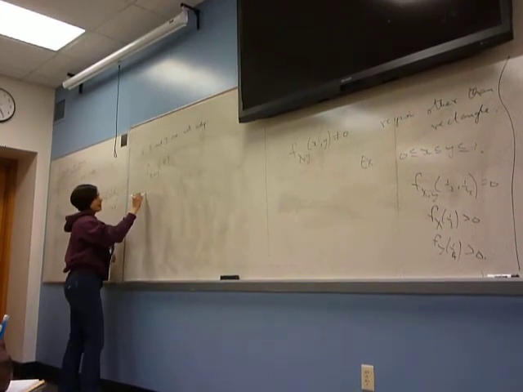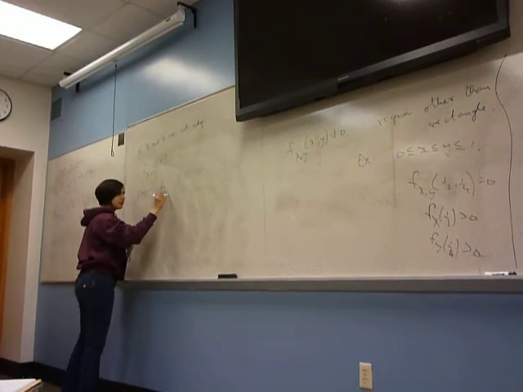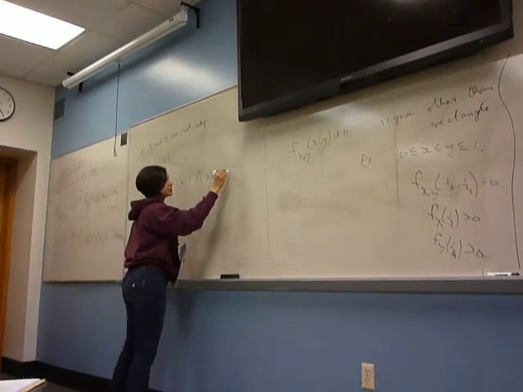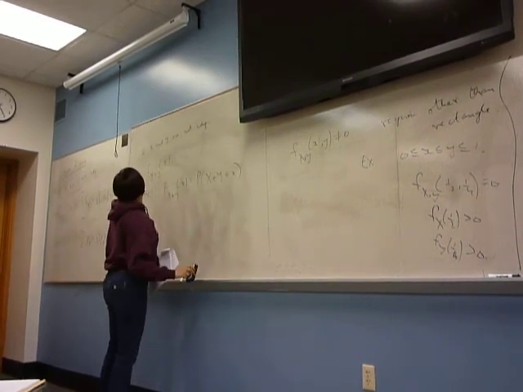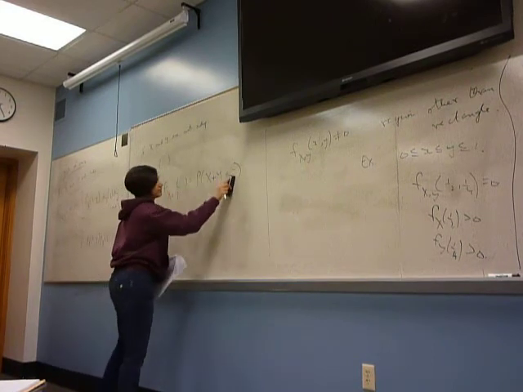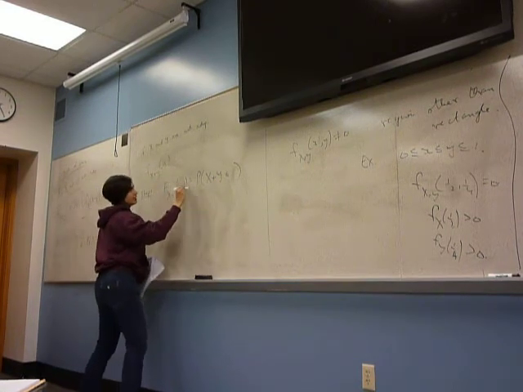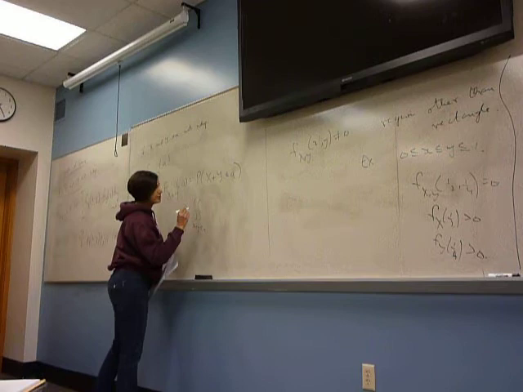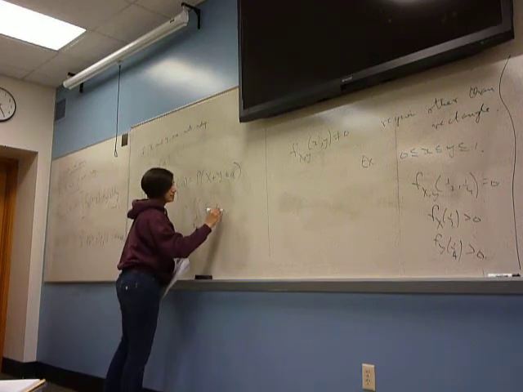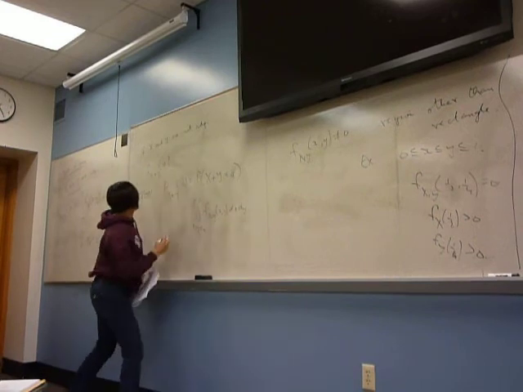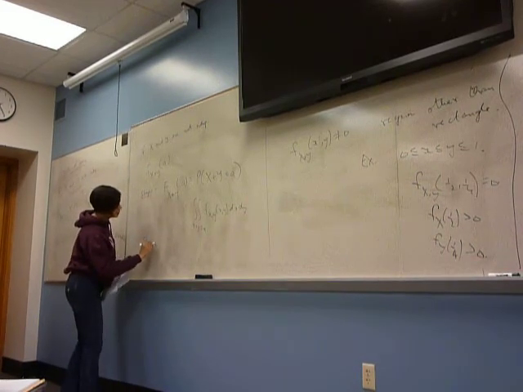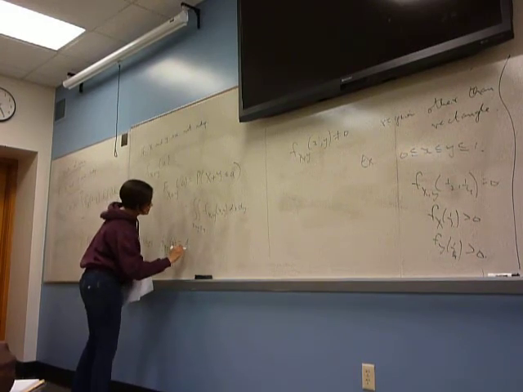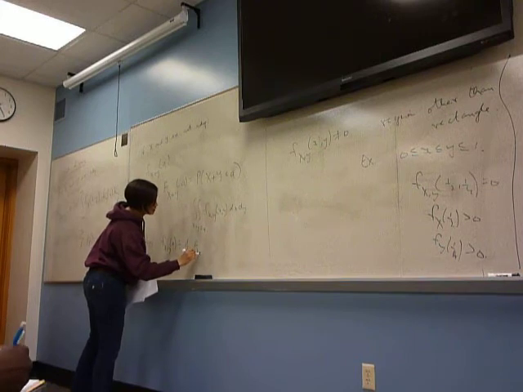You first find the distribution function of X plus Y, that is just the probability that X plus Y is less than or equal to A. And this is just going to be the integral of the joint density function over the region where X plus Y is less than or equal to A. Then step 2, you find the density function of X plus Y by taking the derivative of your distribution function.